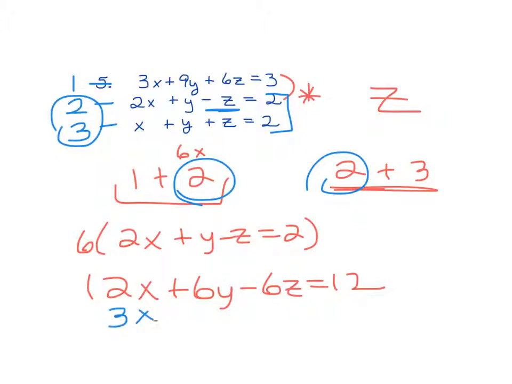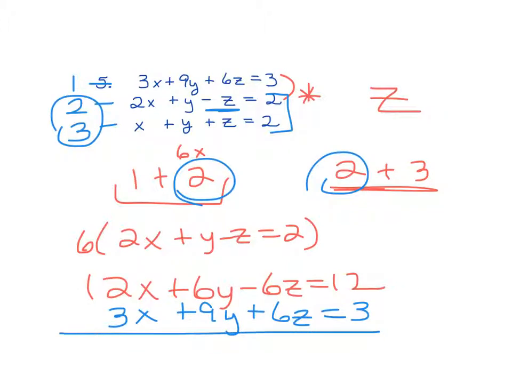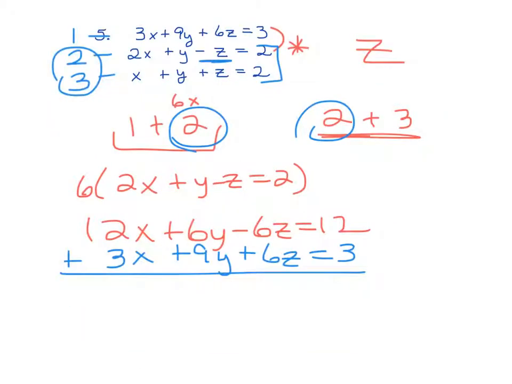So the 3x, and I'm going to line it up. And now I can add the 2 equations together. All right, so when I add these, I get 15x plus 15y equals 15.